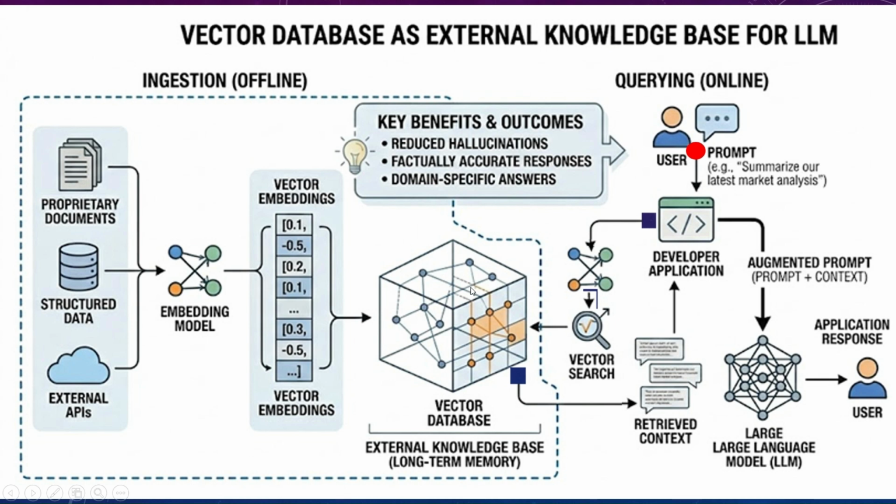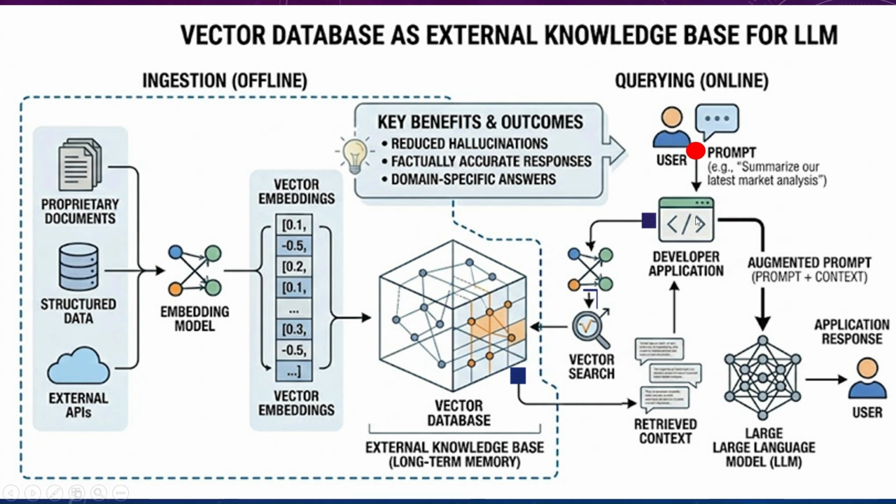The market analysis will be analyzed through a vector database that contains proprietary information about the market, structured data for a set of companies, and the APIs that pull the information from various external sources, all will be embedded and converted into vector embeddings and put up there in the vector database.